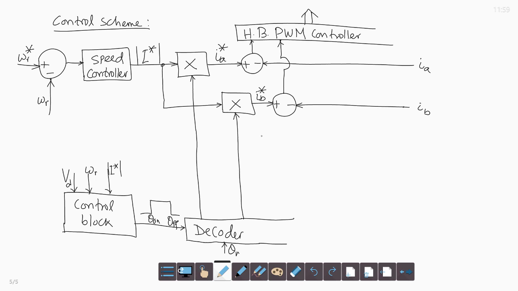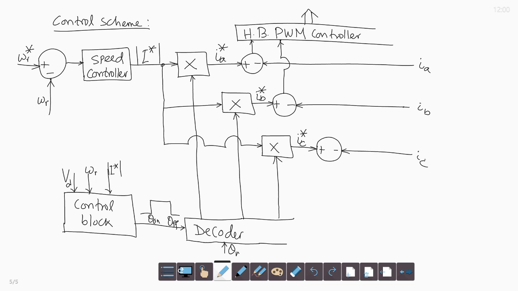Similarly, for phase C, IC star is generated in the same way, reference current, and actual motor phase current IC is subtracted from that, and it gives pulse to the hysteresis band PWM current controller.